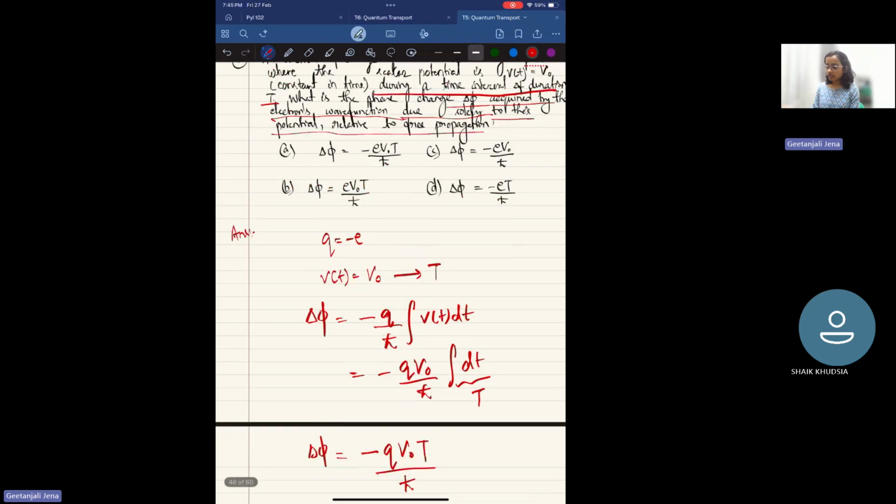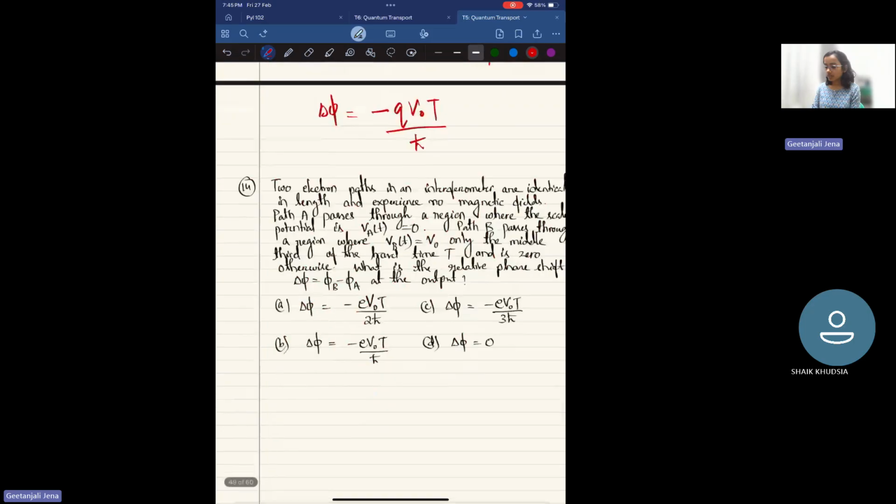Or q is minus e, so I think option A will be the correct option. Yes. And A.